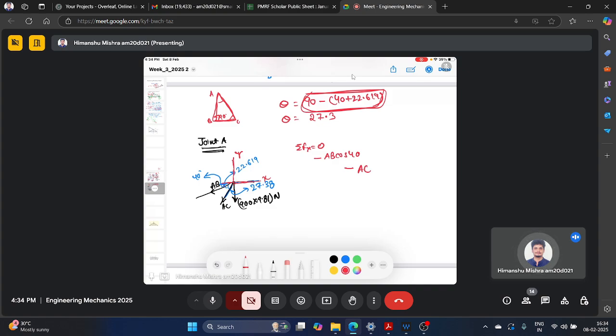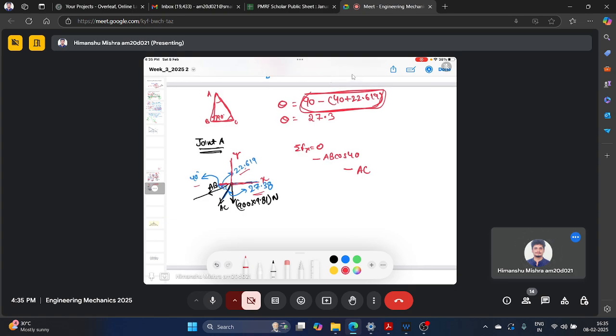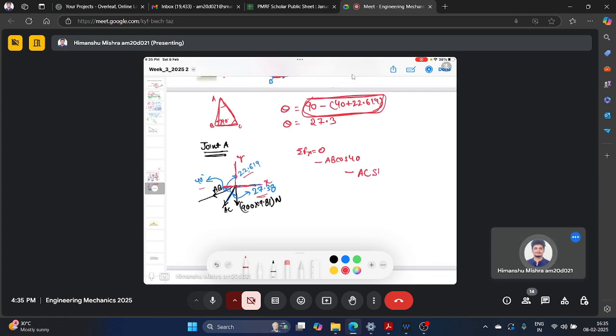So you have multiple angles, right? In this figure itself you have 40, which is the angle of AB with the horizontal direction. You have an angle 22.619 and you have an angle 27.38. You can choose any angle to define the component. I am choosing 27.38. So when I do that, it will be sine 27.38 equals to 0. So you can also choose this.